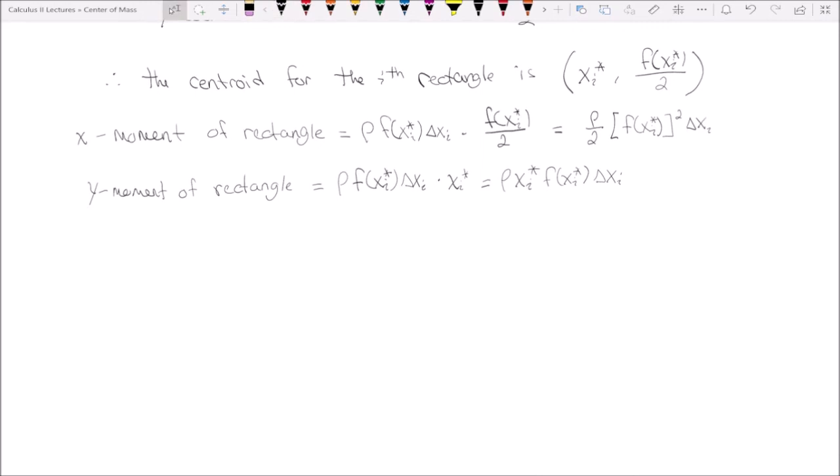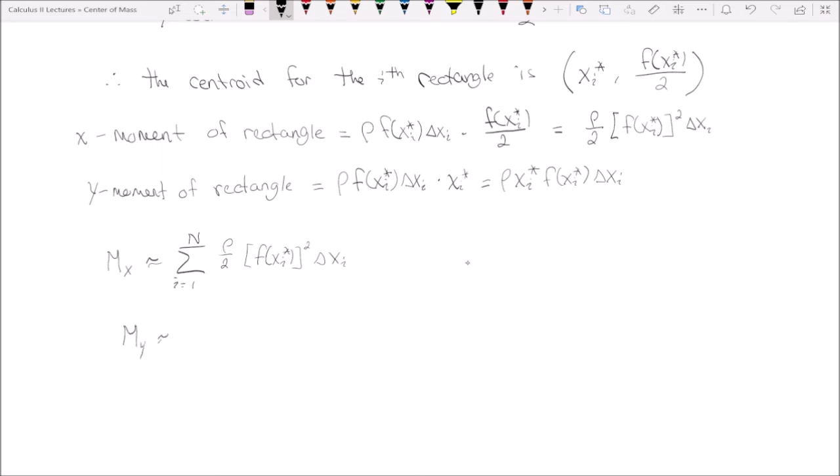Right, remember moments are additive, so the total x moment for the lamina, M sub x, can be approximated as the sum, i equals 1 to n, of rho over 2 times f of x sub i star squared times delta x sub i.